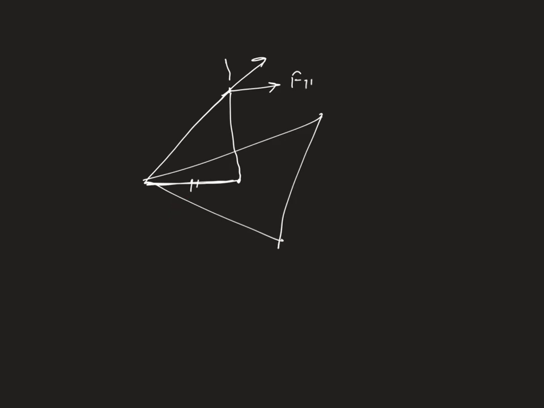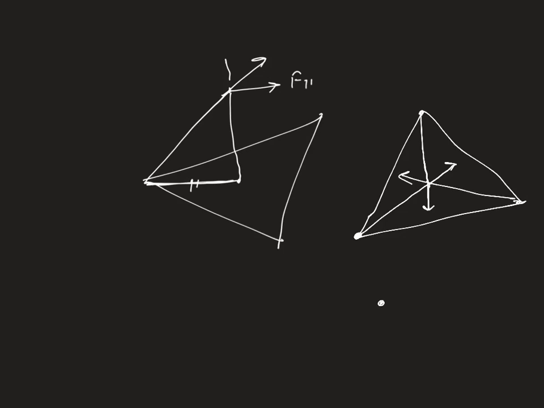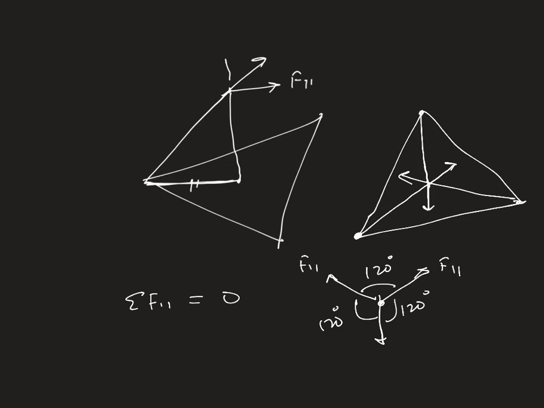So we can assume very easily, drawing the triangle in a two-dimensional plane right now, that force due to this charge will be in this direction, the force due to this charge will be in this direction, the force due to this charge will be in this direction, and all these forces will be making equal angles, that is 120 degrees, with each other. So what will be the net parallel force? The net parallel force will be equal to 0, because all parallel forces are equal in magnitude.